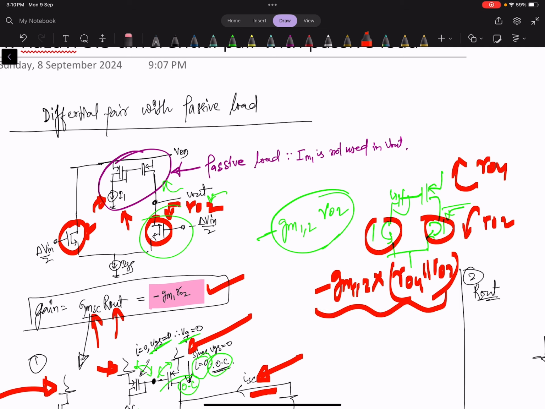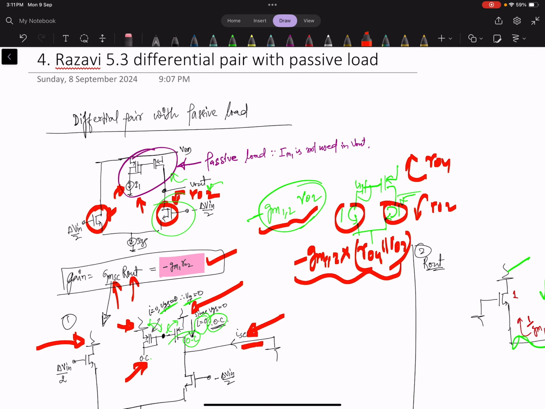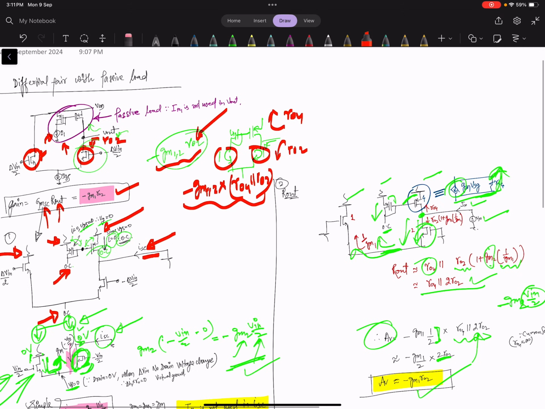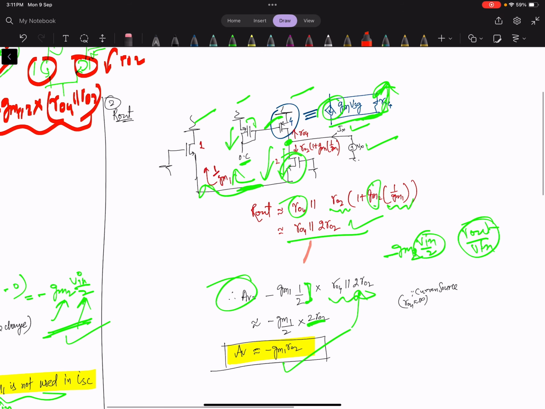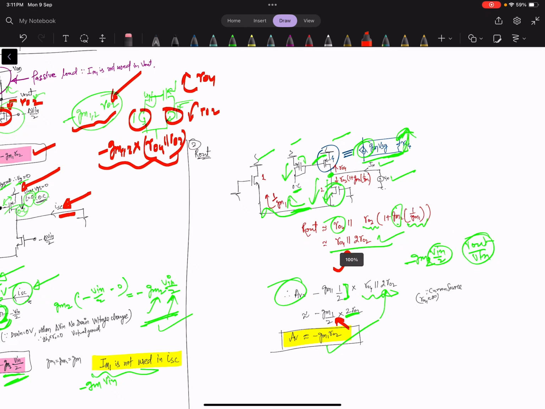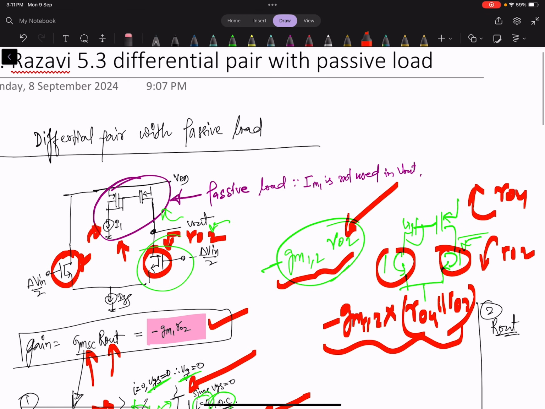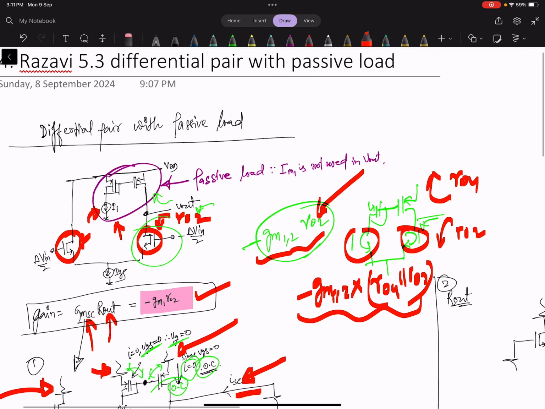So this is the active current mirror equation, and this is the passive current mirror load equation. Simply, you can also write r_o2 parallel r_o4, but we saw from the R out that we can write it here, but in the calculation we have to include gm1 by 2.